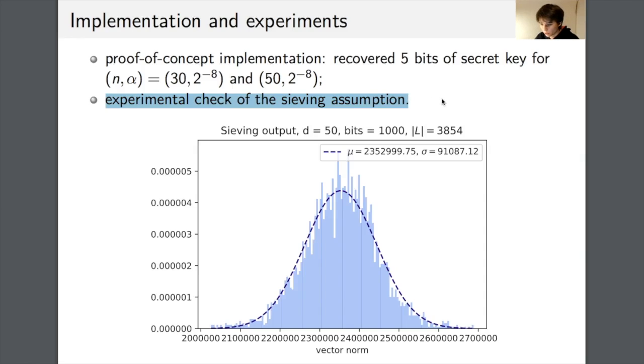For example, this picture presents the distribution of lengths of the vectors returned by sieving algorithm for a random lattice of dimension 50 and volume around 2 to the power 1000. We report more experimental results like this in the paper, and essentially our experiment shows that the sieving algorithm indeed produces many vectors of lengths very close to the expected.